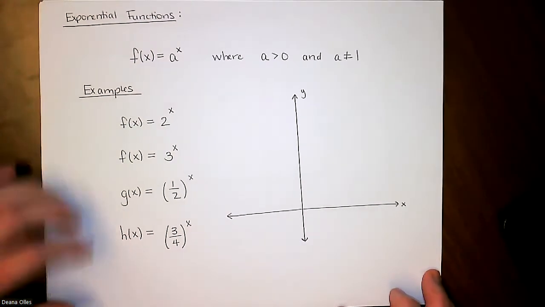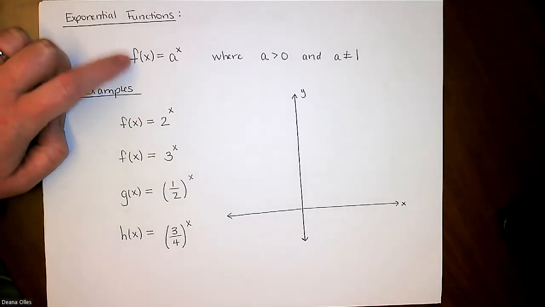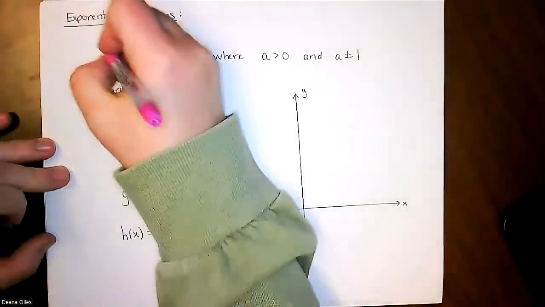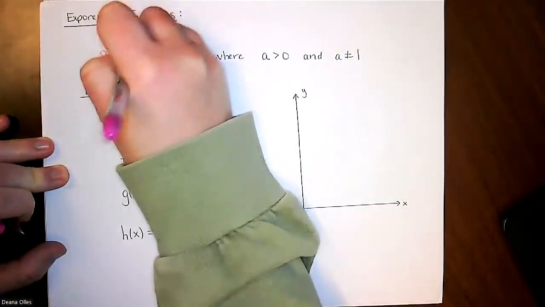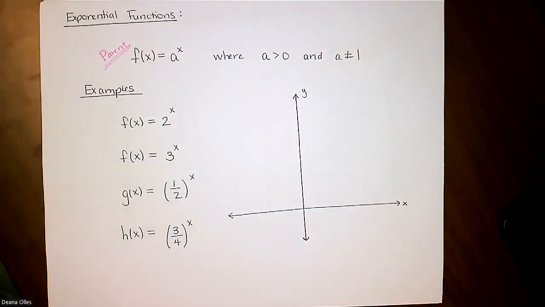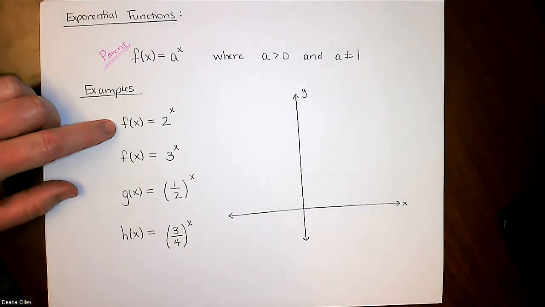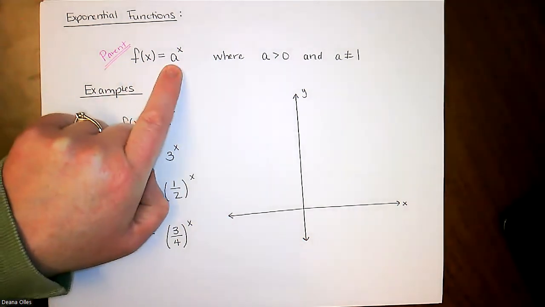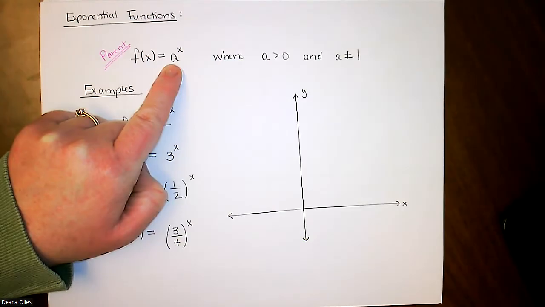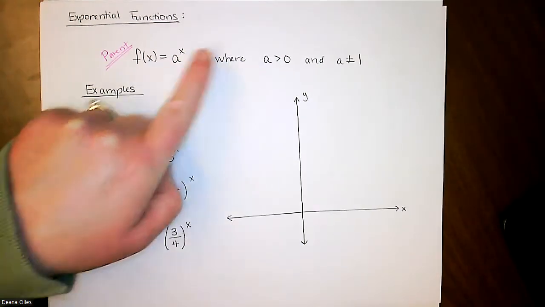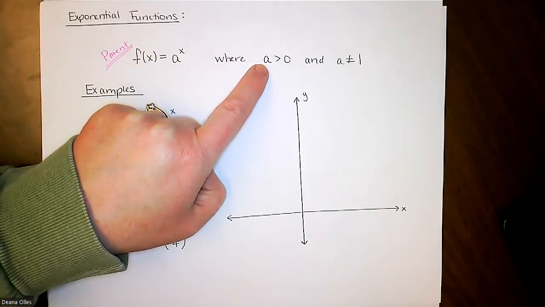And so I wanted to stick to just the parent exponential function, and parent meaning it's the basis function. It's where we begin. All right, and then we can perform some transformations, which we'll do on the next page. Okay, so for a parent exponential function, we have basically a number, a. It has to be a non-negative number. It actually has to be strictly positive, so it can't even be 0.